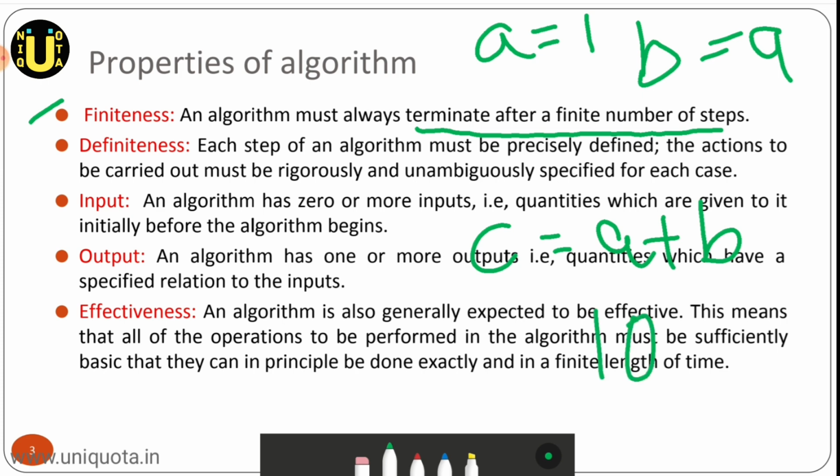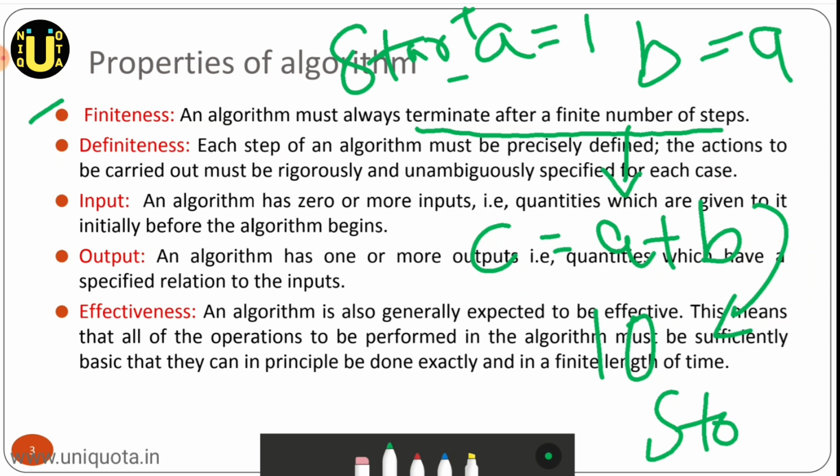Next, what you should note is that you should not just write it like this: then this will happen, then this is the step. You should add start before the start of the program and stop at the end of the program. Only if you write stop does it count as an algorithm, because an algorithm always has a finite number of steps and it should terminate after some steps.